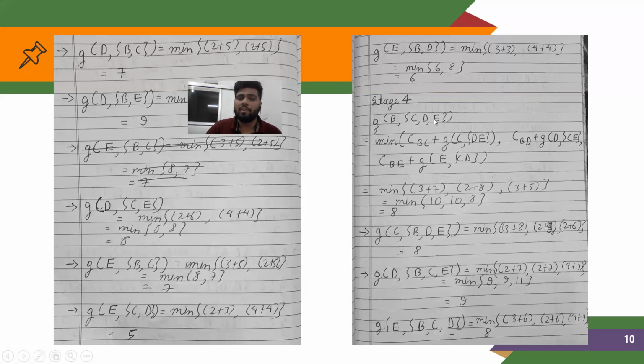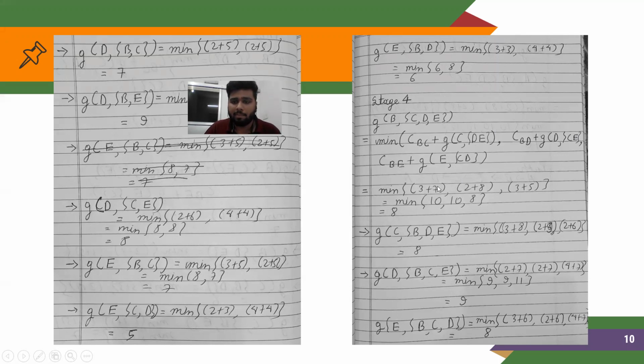C. So when we subtract CDE minus C, we get only DE. So now here, what is J? J is D. So the whole set CDE minus D, we get CE. So I applied the same logic here.